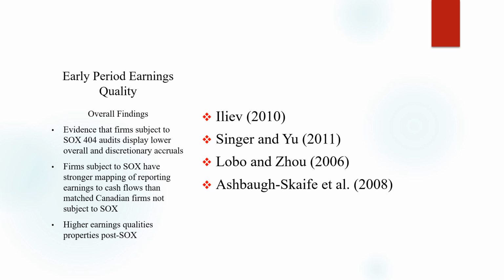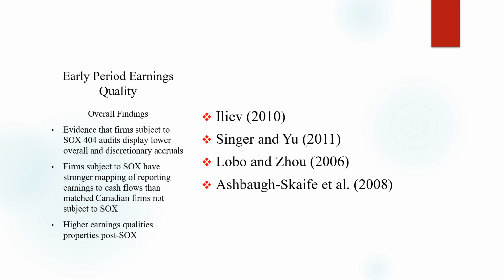Singer and You back this up in a different way. They looked at firms in the United States versus matched Canadian firms. So firms in the U.S. required to report under Sarbanes-Oxley, and Canadian firms which were at the time not required to report under any type of Sarbanes-Oxley-like regime. And they found results which are very similar to what Iliev had found before.